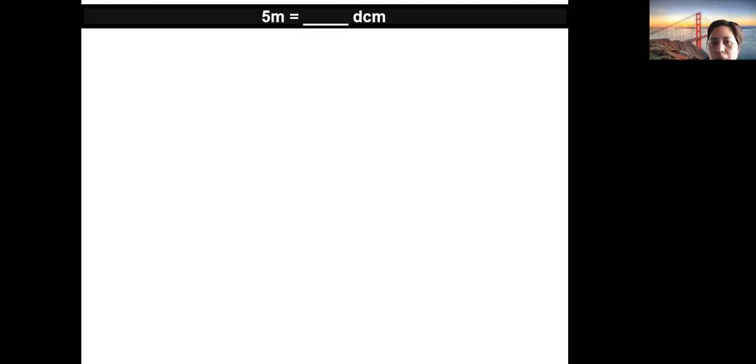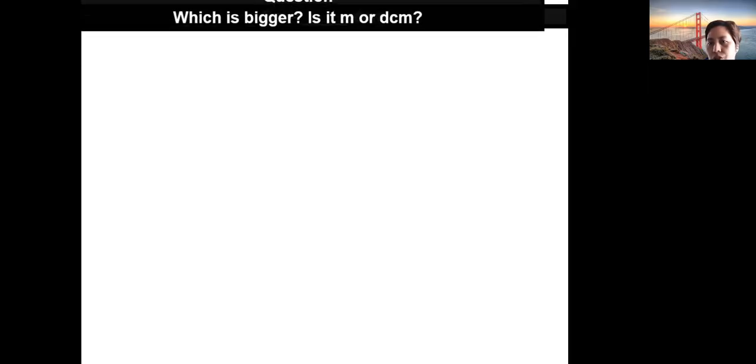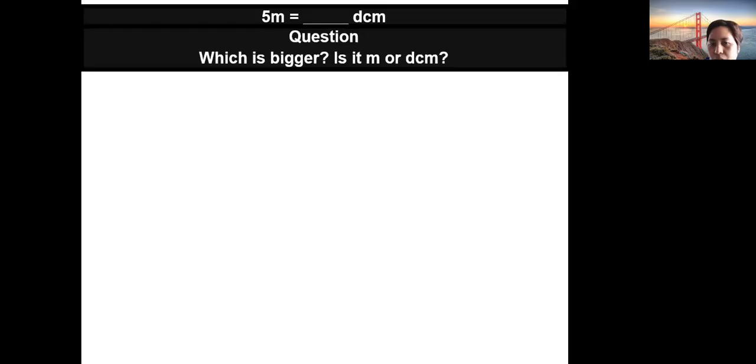Going back, let me now show you how conversion is done. Let me give you an example. For example, 5 meters will be converted to decimeter. The first question to be asked is, which is bigger? Is it meter or decimeter?